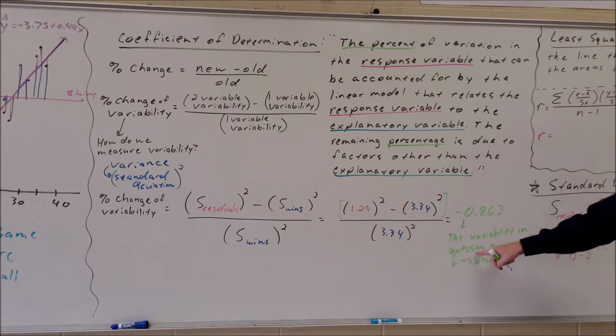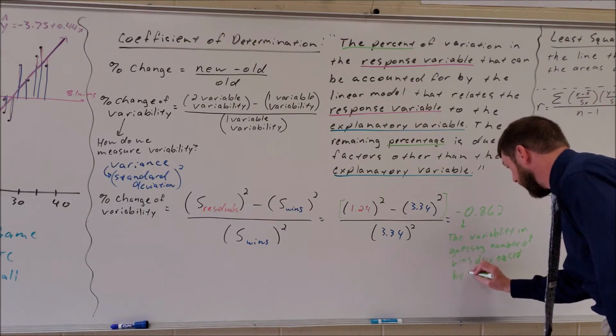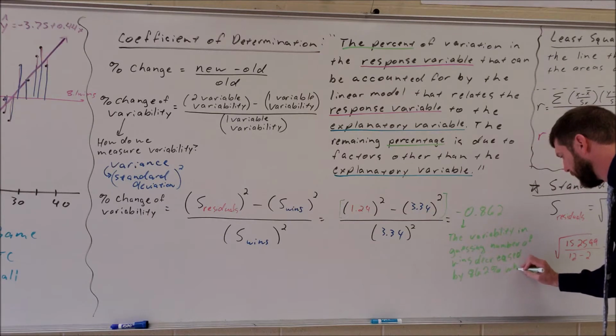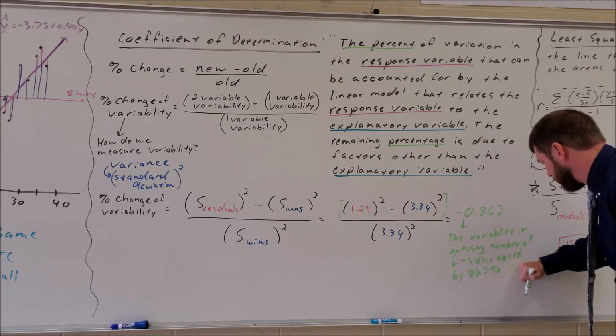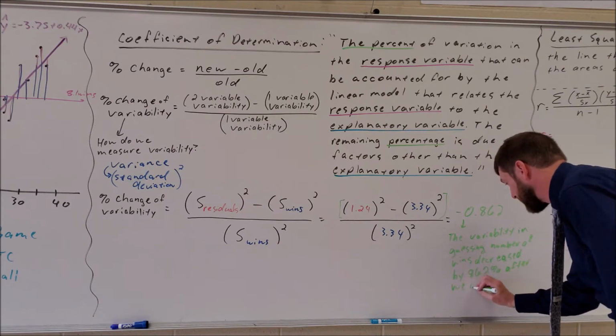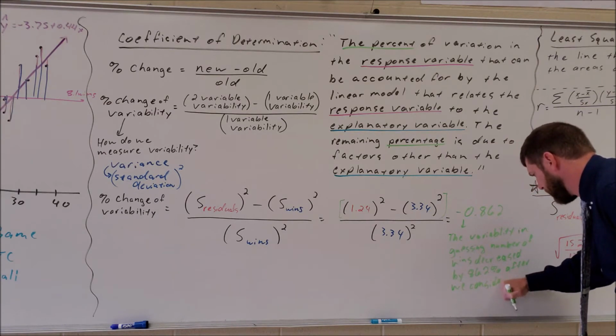The variability in guessing number of wins decreased by 86.2% after we introduced points per game. I guess after we considered points per game.